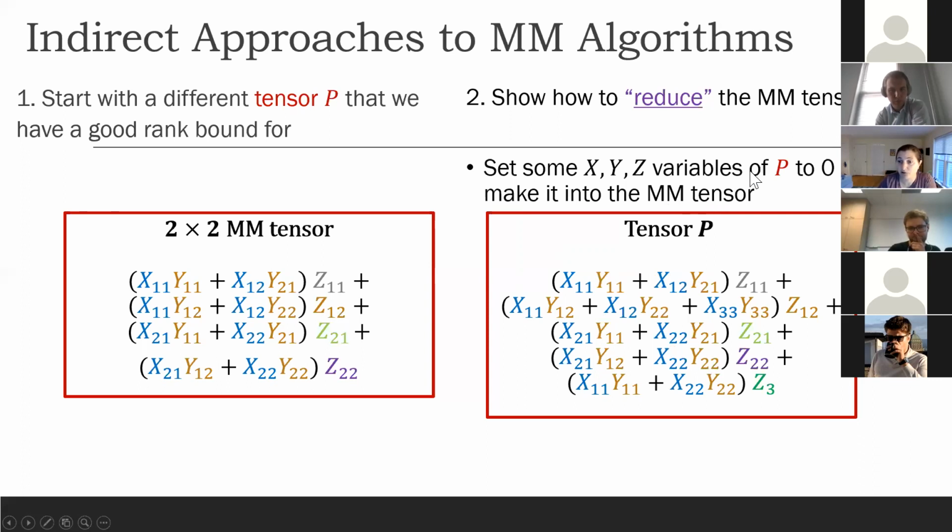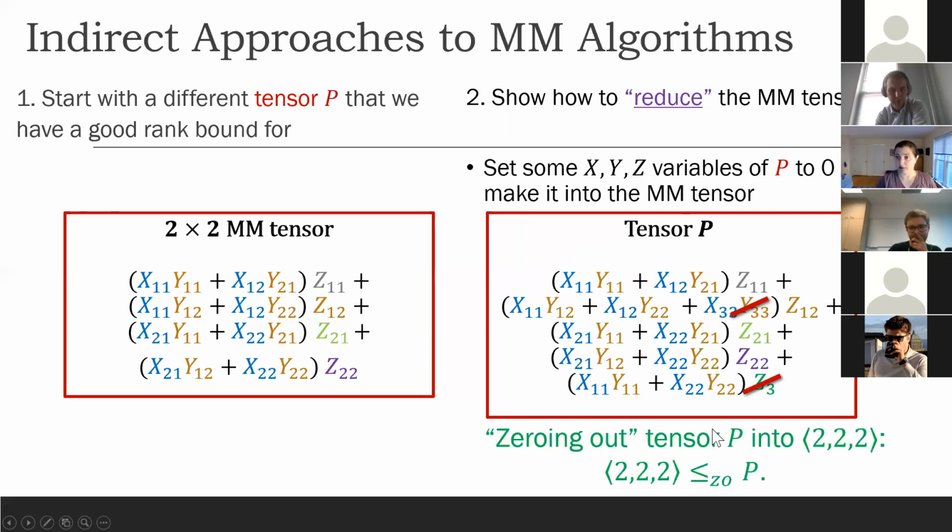You set some of the x variables, some of the y variables, and some of the z variables to 0, and you get exactly this trilinear polynomial. So I set these to 0, I set z3 to 0, which removes this term, and I get exactly matrix multiplication. This is called a zeroing out. So you're zeroing out the tensor P to get 2x2 matrix multiplication. Let me define it like this: 2x2 matrix multiplication is a zeroing out of the tensor P.